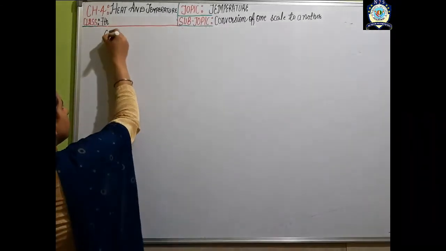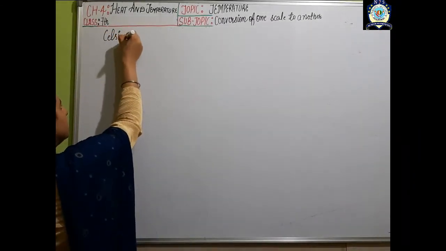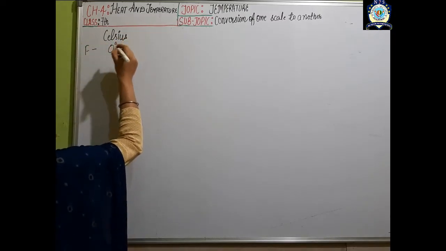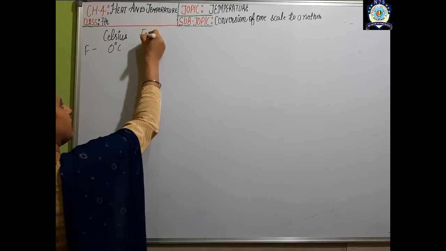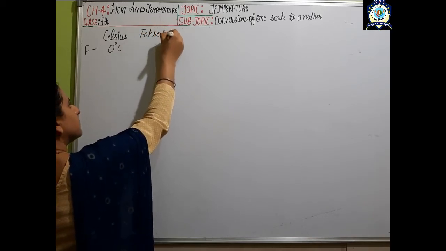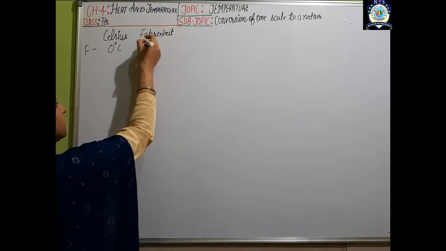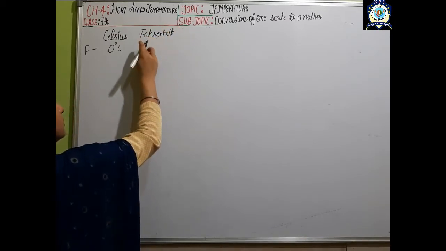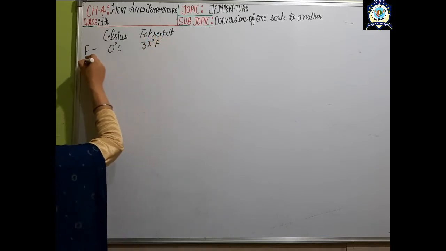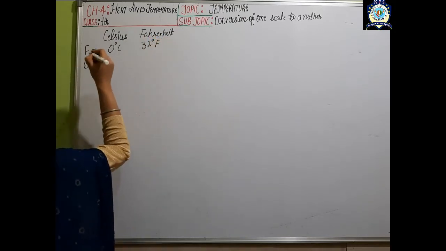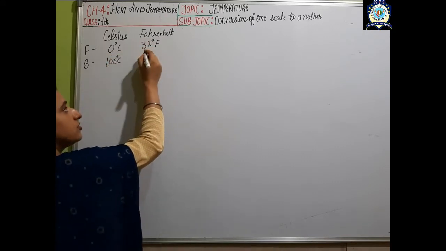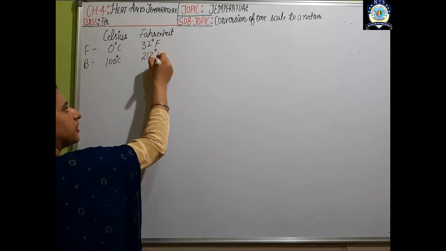In case of Celsius, we have learned the freezing point of water was 0 degree Celsius, and for the Fahrenheit scale it is 32 degree Fahrenheit. And if we go for the boiling point of water, that was 100 degree Celsius, and in case of Fahrenheit scale it was 212 degree Fahrenheit.